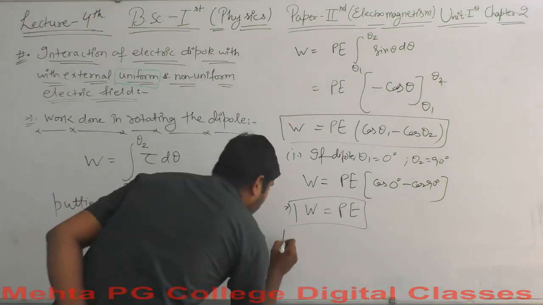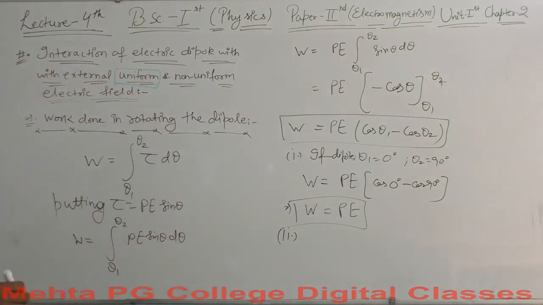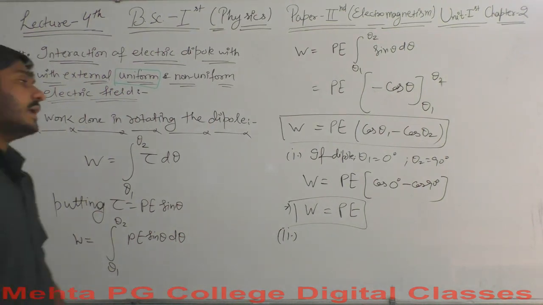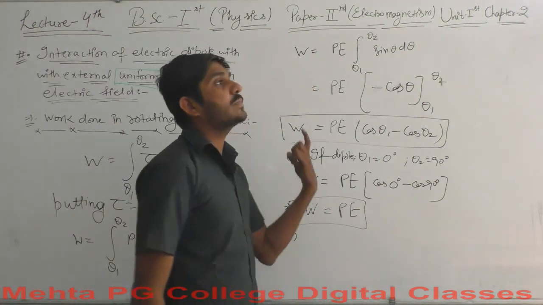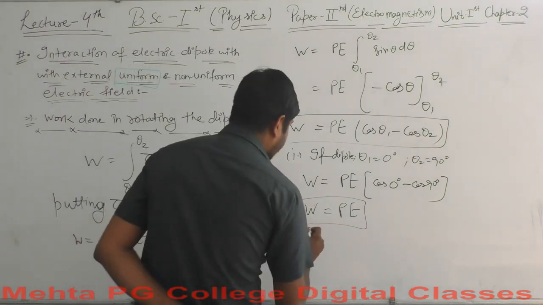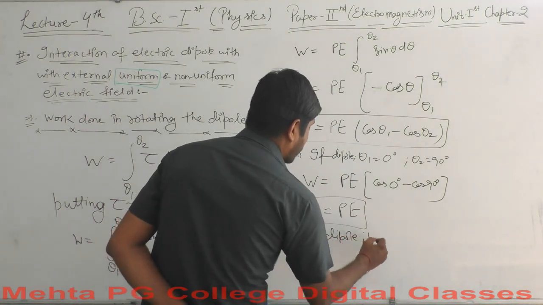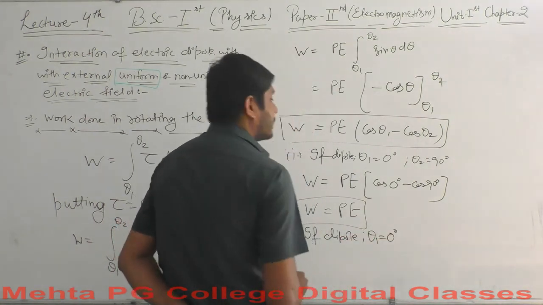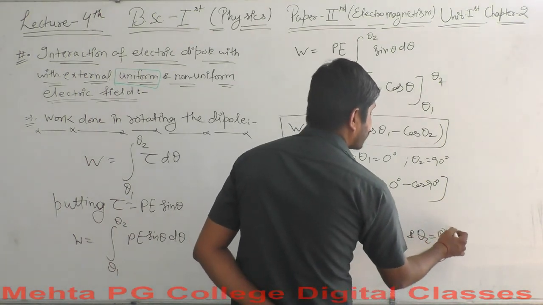Now for the second case, the dipole has theta 1 equal to 0 degrees, but gets rotated to the position theta 2 equal to 180 degrees.